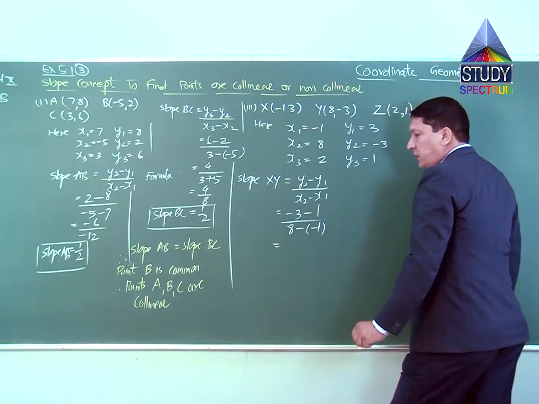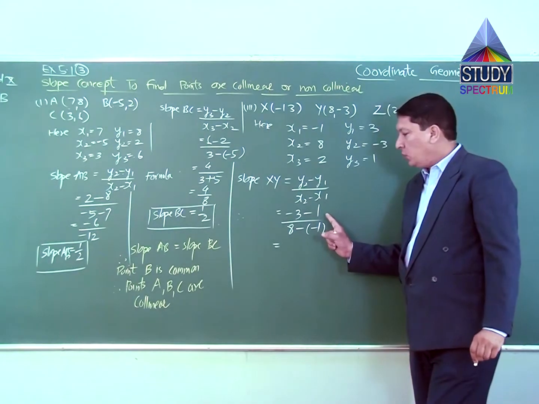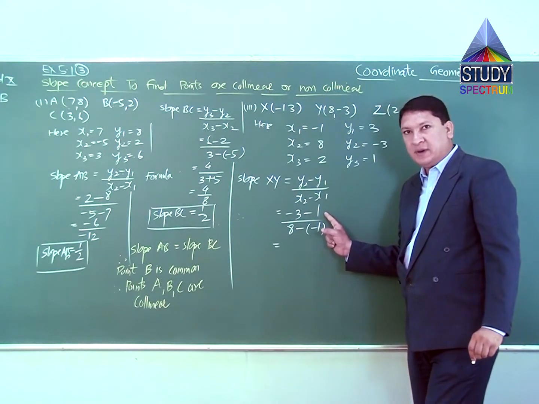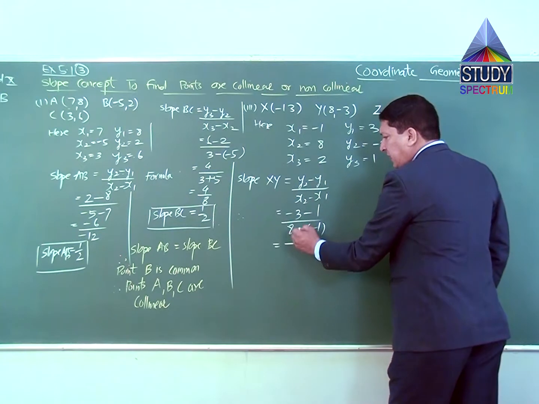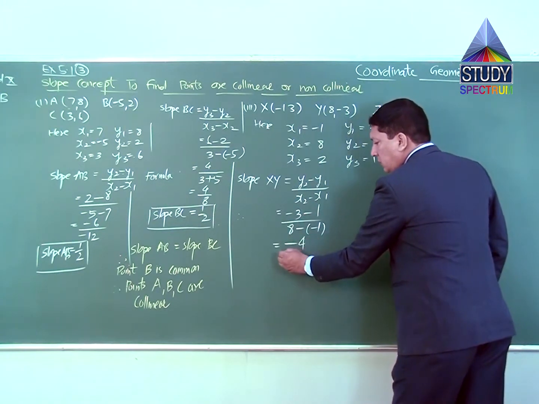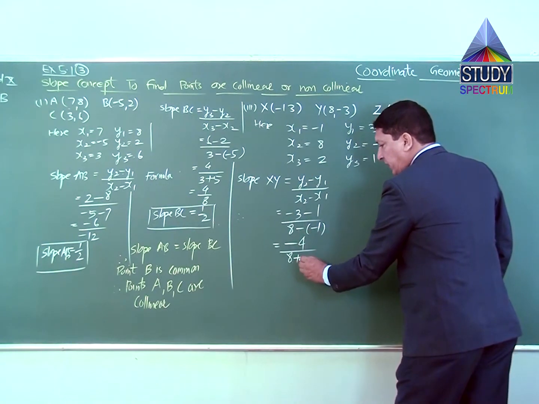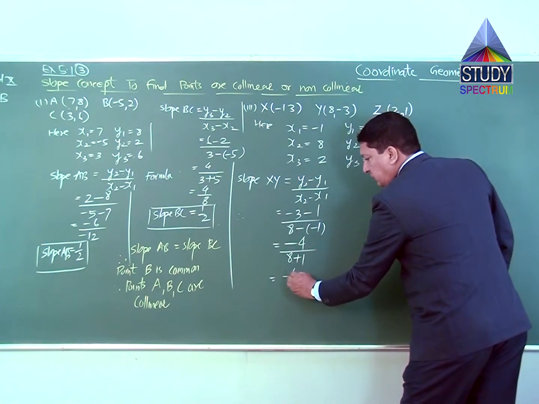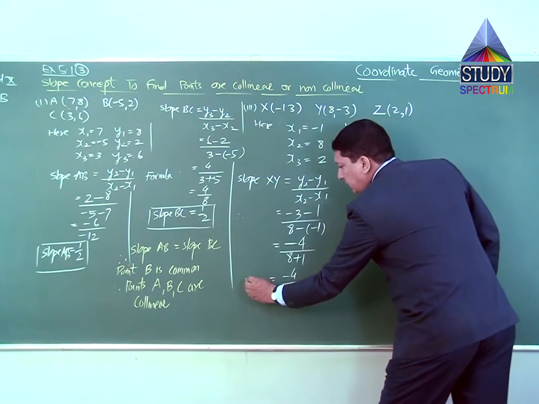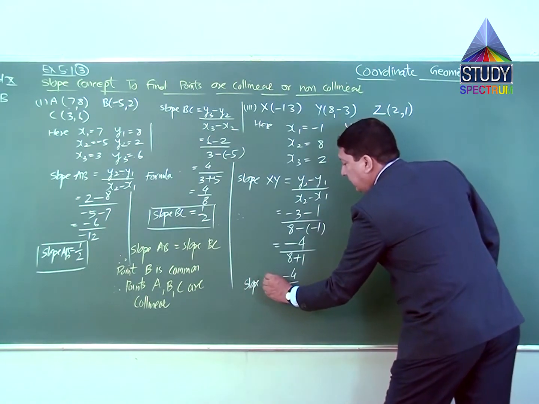Minus 3 minus 1. Same thing, two negative numbers, you need to add those numbers with the minus sign. Minus 3 plus 1, minus 4. 8, minus of minus 1 is plus 1. Minus 4 upon 9.